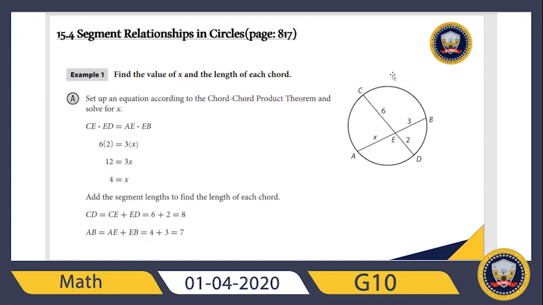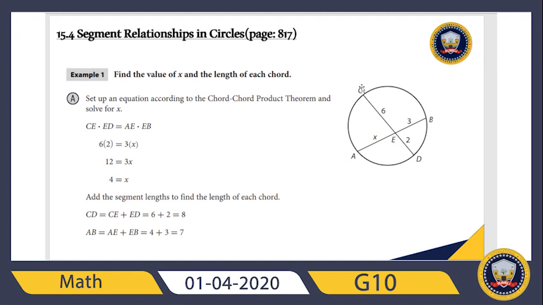I have this circle and I have two chords AB and CD. Now I want to find the length X, and to find the length of these two chords. So applying the chord product theorem, we first solve for X. What is the theorem saying?